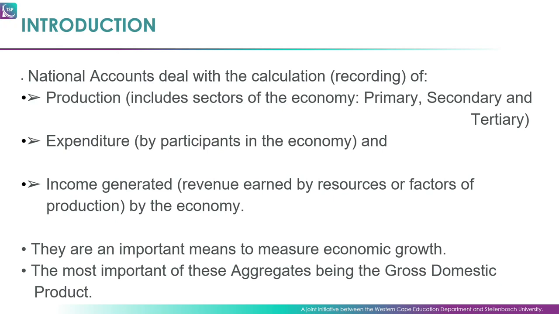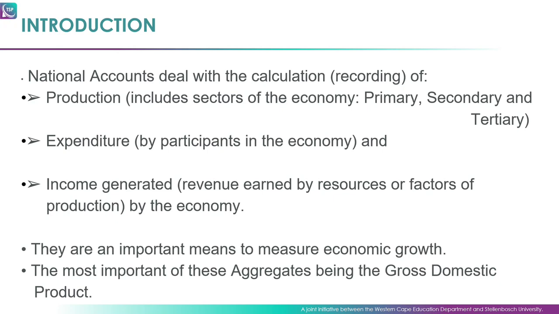what they are about. Secondly, we look at expenditure, that is the money that is spent by the participants in the economy, and the income that is generated. This refers to the revenue that is earned by the resources or factors of production, right? So we look at production, we look at expenditure, and we look at the income generated by the economy.